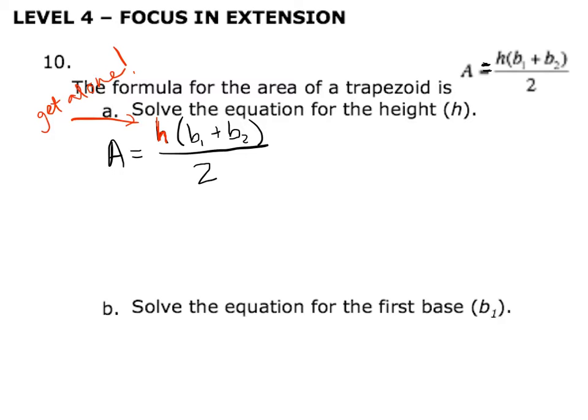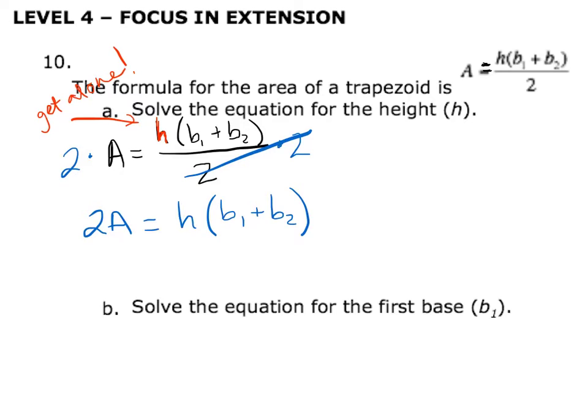So to get rid of a division by 2, we need to multiply both sides by 2. So what happens when you do that is you have a 2a on the left-hand side. Those cancel out, and you get h times b1 plus b2. All right, so we're still trying to solve for h.